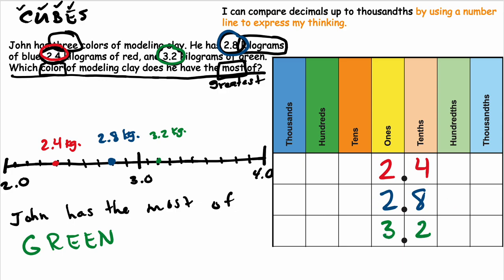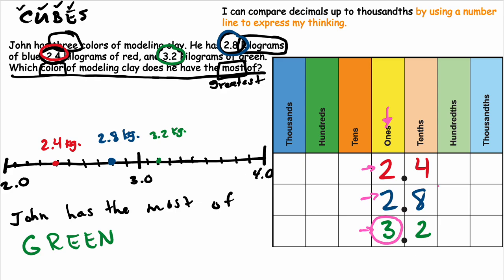With our place value chart, we always start comparing by using our place value as far left as we can go. In this case, it's the ones place value. So we have 2 and 2. Those are the same, but 3 is our winner. 3 is greater than 2, so I know that the green modeling clay would have been the greatest number.